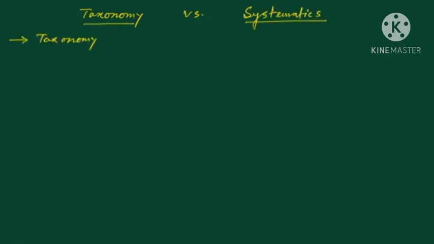Taxonomy versus systematics. Taxonomy consists of two Greek words, taxis and nomos.